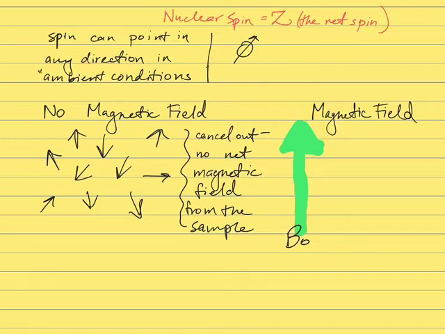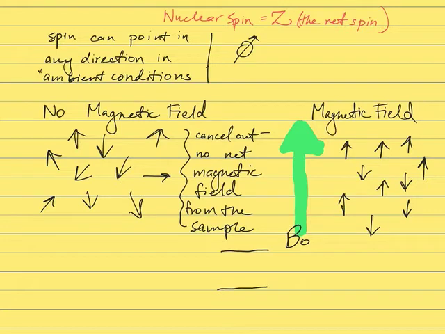And in the magnetic field, spins are going to line up either with or against the magnetic field. When these spins line up either with or against the magnetic field, it turns out there will be a few more that line up with the magnetic field than against the magnetic field. It's slightly lower in energy for it to line up with the field than against the field.